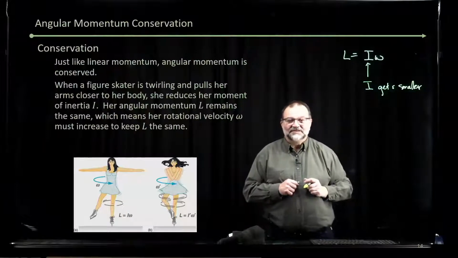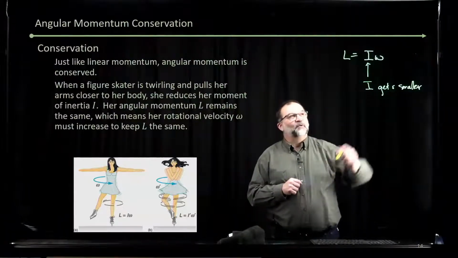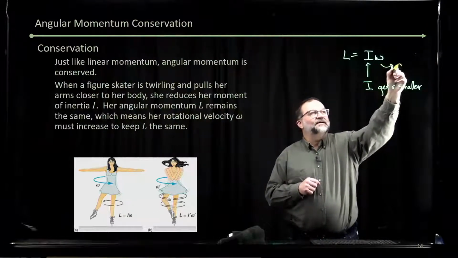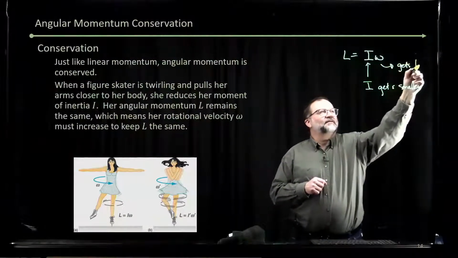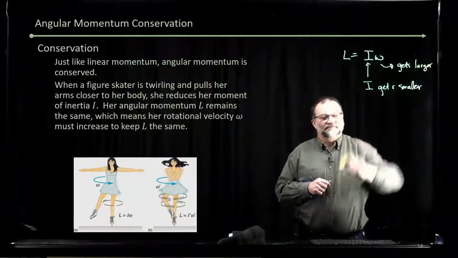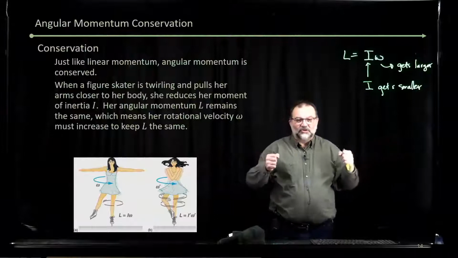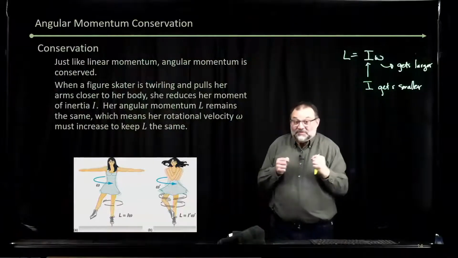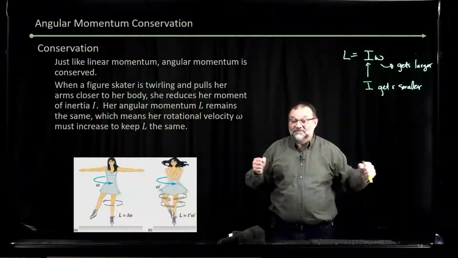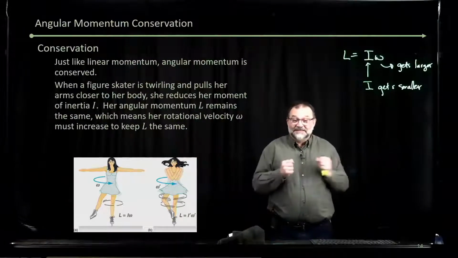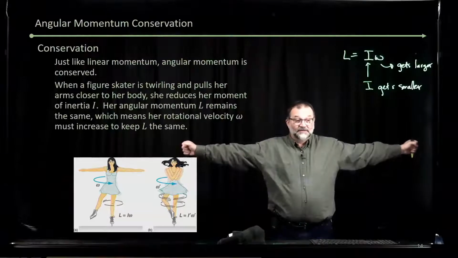And since it gets smaller, what has to happen to omega? Omega gets larger. So as I bring my arms in, I gets smaller, omega has to get larger, so I spin faster. And as I put my arms out, I spin slower. You've seen this before, right?